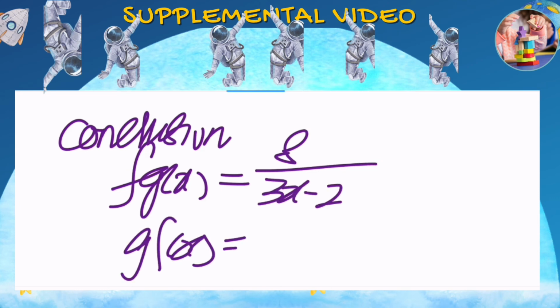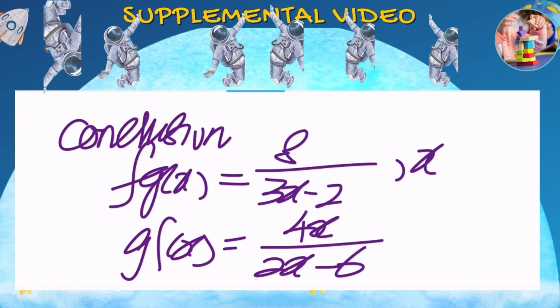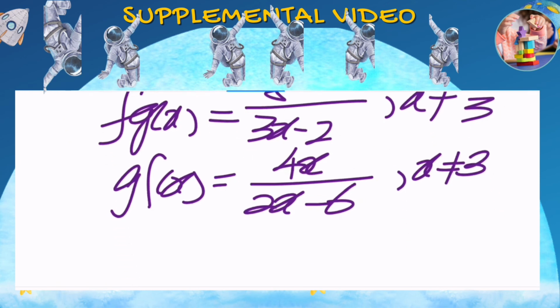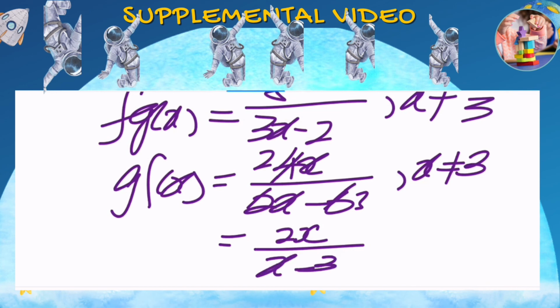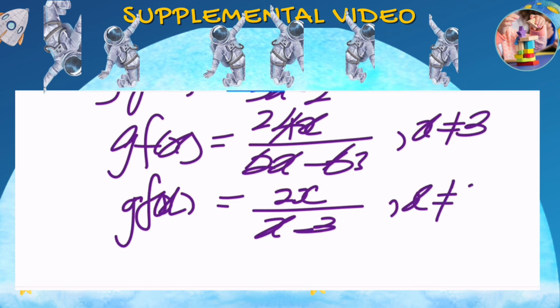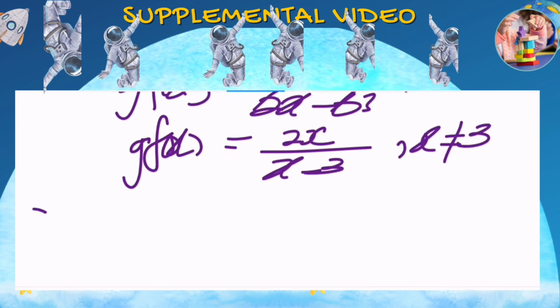And g(f(x)) that we got is 4x over 2x minus 6, and we actually need to simplify to the simplest form and write the condition, right? So g(f(x)) will simplify to 2x over x minus 3. Always give your answer in the simplest form. x cannot be equal to 3. The condition still has to apply. Every time, check the denominator. Make sure you write the condition if there is an x under the denominator.